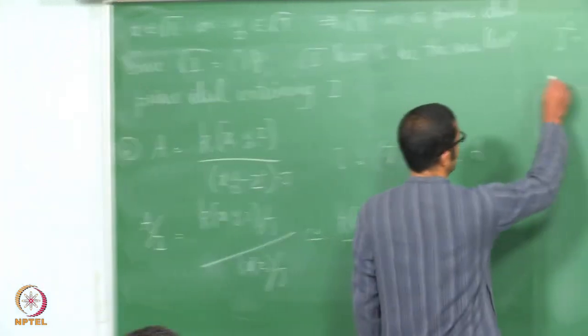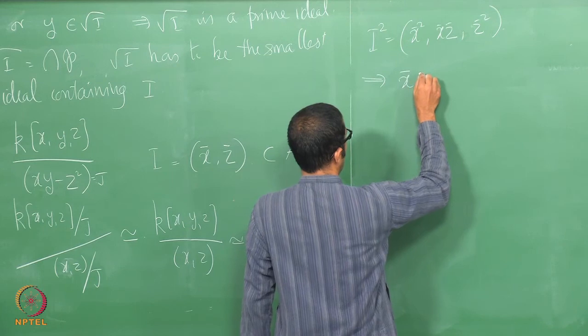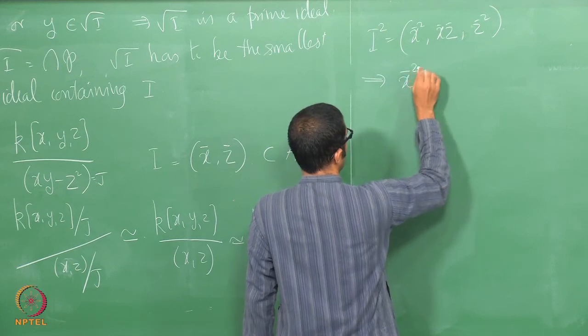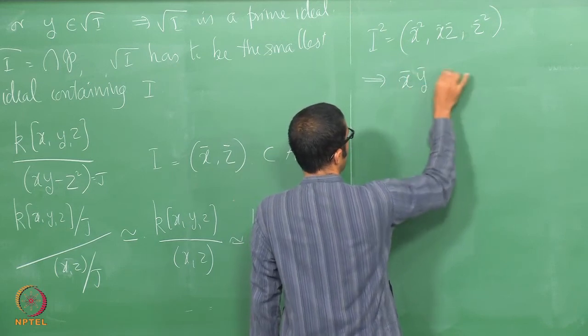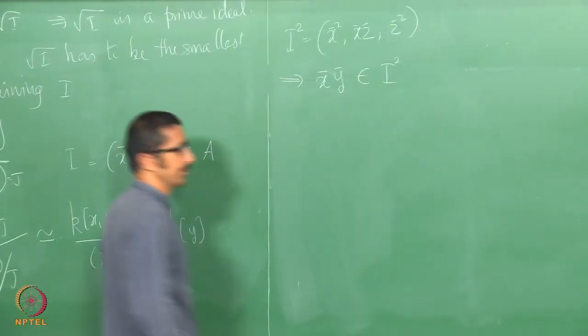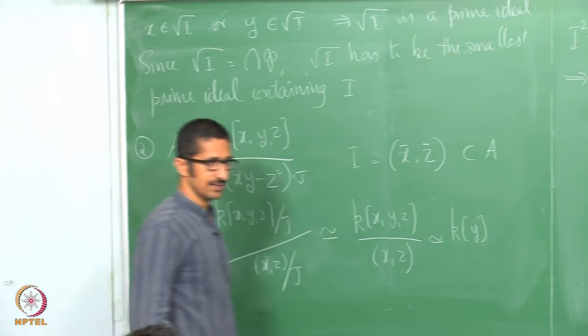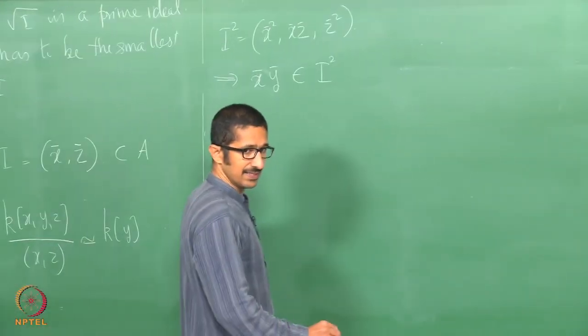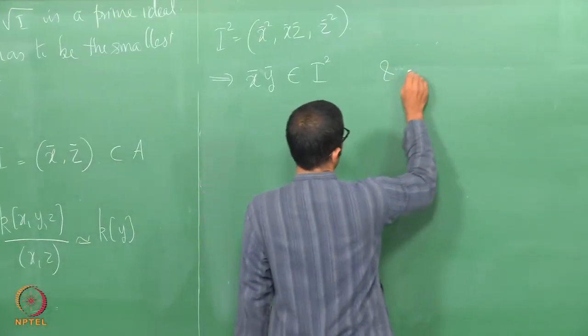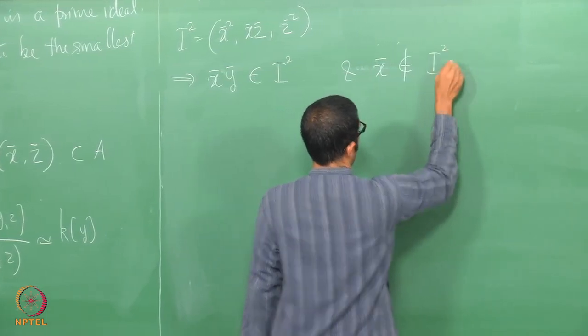So, this means that x bar y bar belongs to I square. Right, and x bar is not in I square.